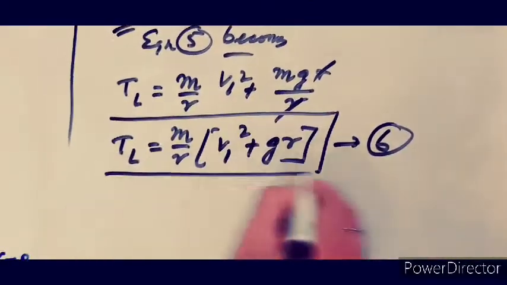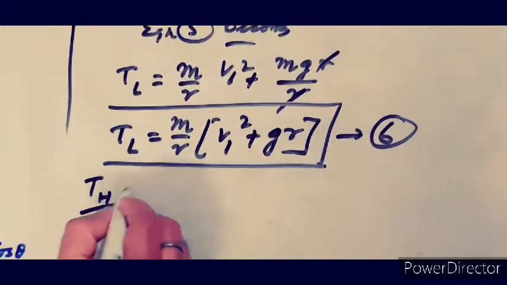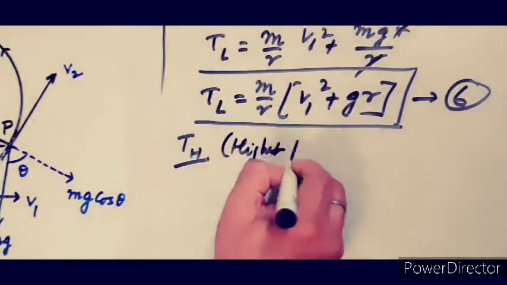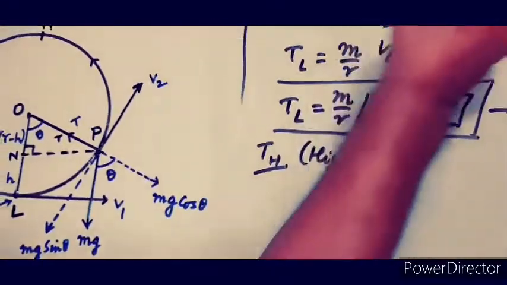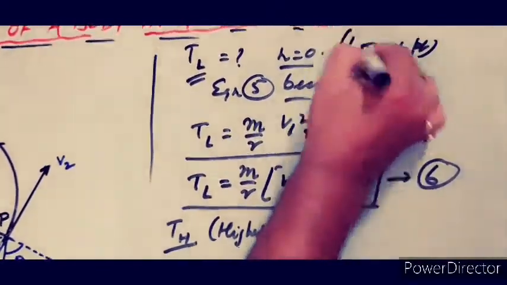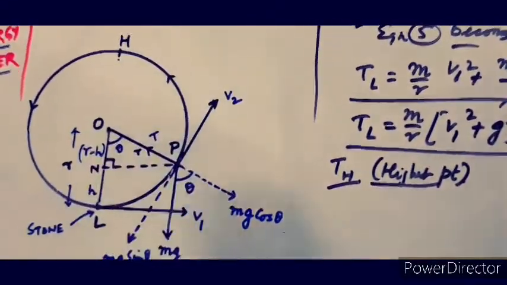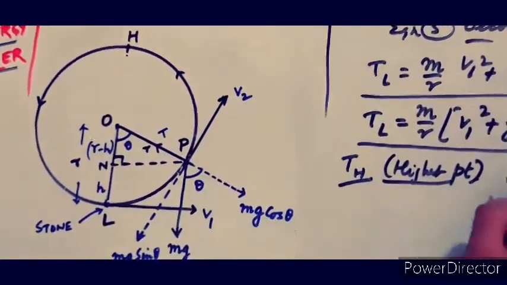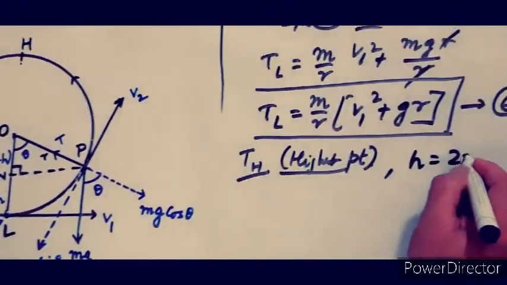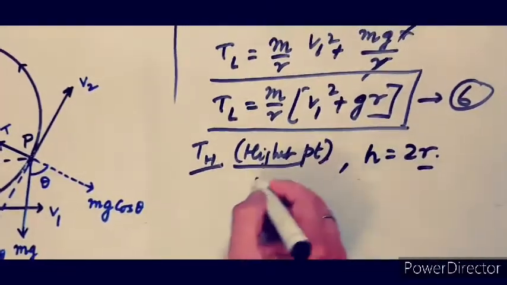Tension at the lowest point. Similarly, tension at the highest point. This is the lowest point. At the highest point, h becomes twice R. So put the value of h as twice R in equation number 5.